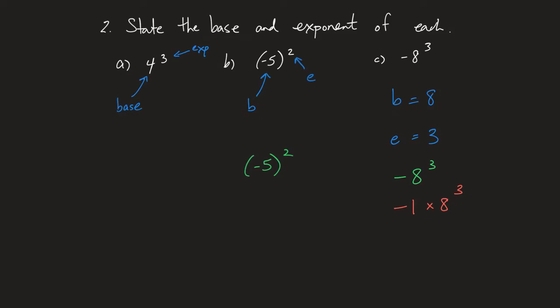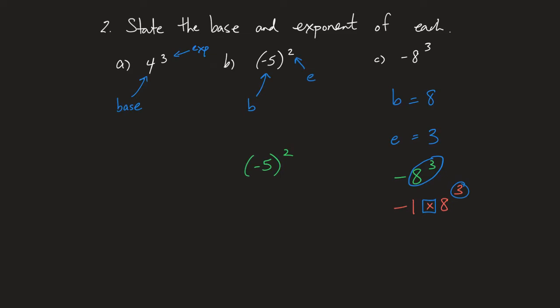And so if we relate back to BEDMAS, to our order of operations, we always have to do exponent before we do multiply. And so when I examine my negative 8 cubed, for me to follow order of operations means I would have to calculate my 8 cubed.